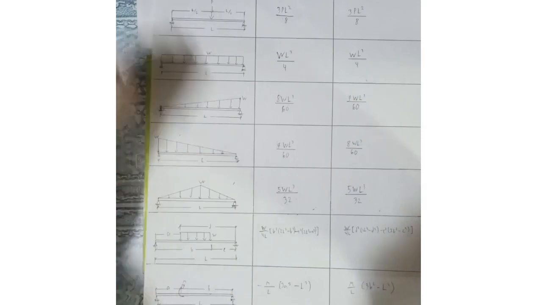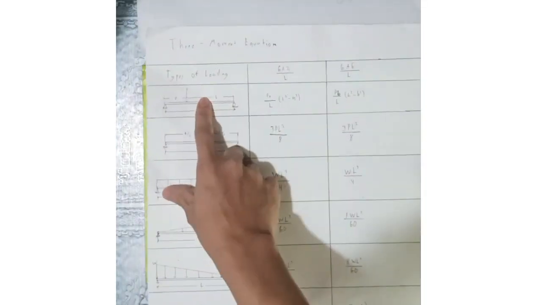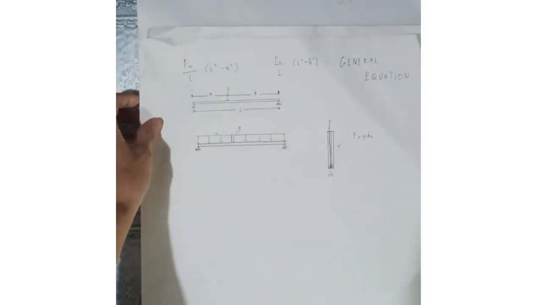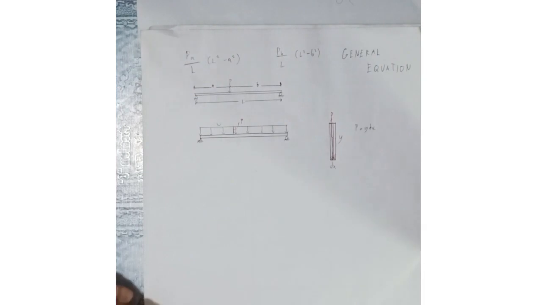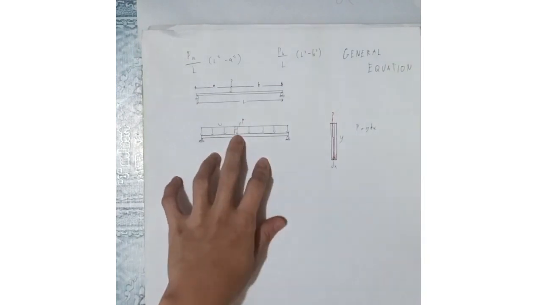If we cannot memorize them, we can make a general formula. We just take the point load at any point and use a uniform load.